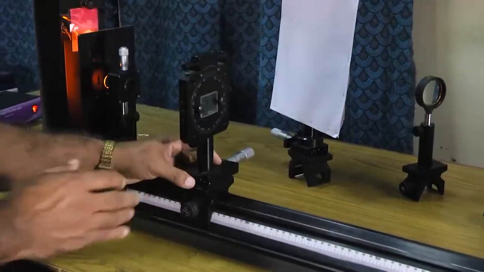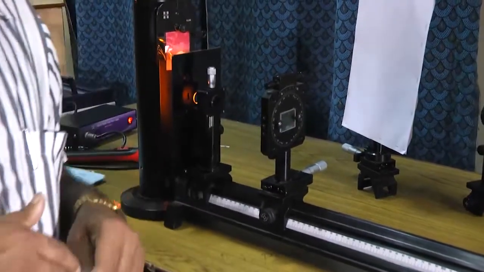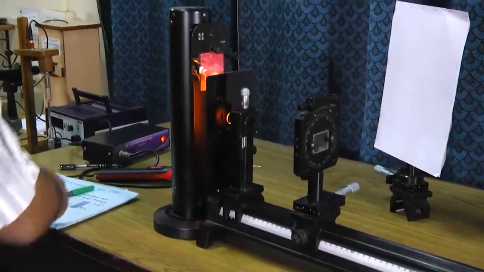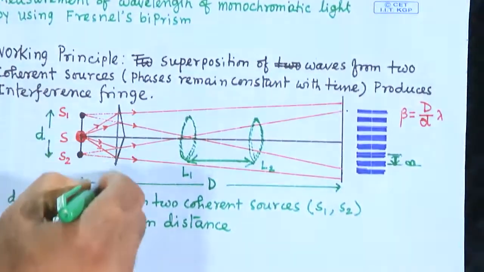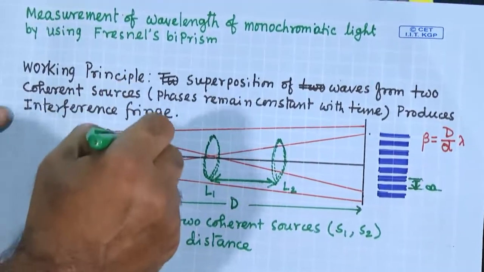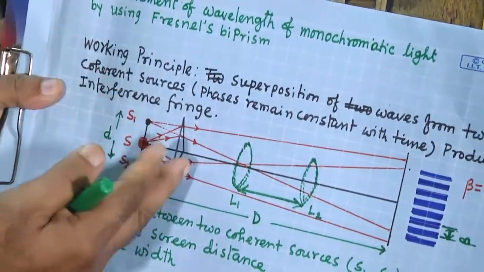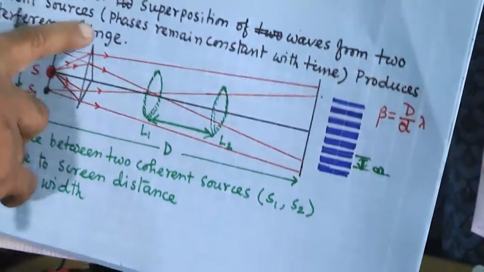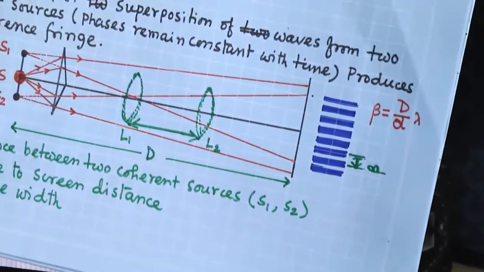So now which face should be towards the slit? It's the plane face, the plane surface. Any one can be put towards the source. Generally we put this plane surface towards the source, okay, but it can be the opposite way also, there should not be any problem.